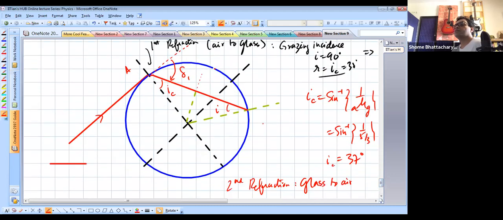So here it means that this will come out like this, this way. So this incident ray will now come out as this emergent ray, which is actually along this tangent.